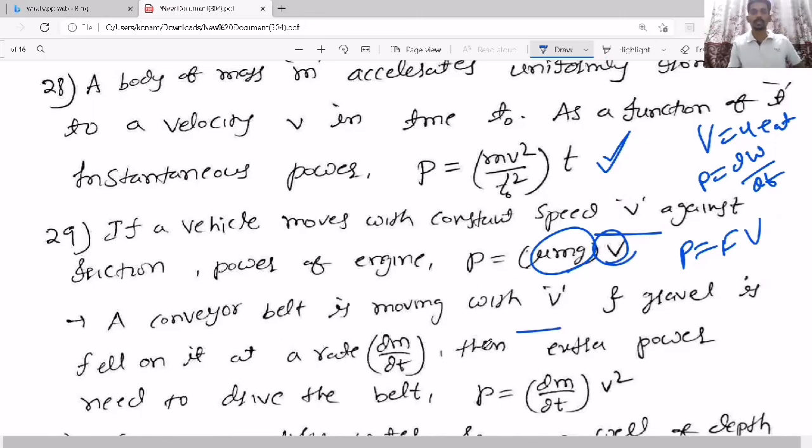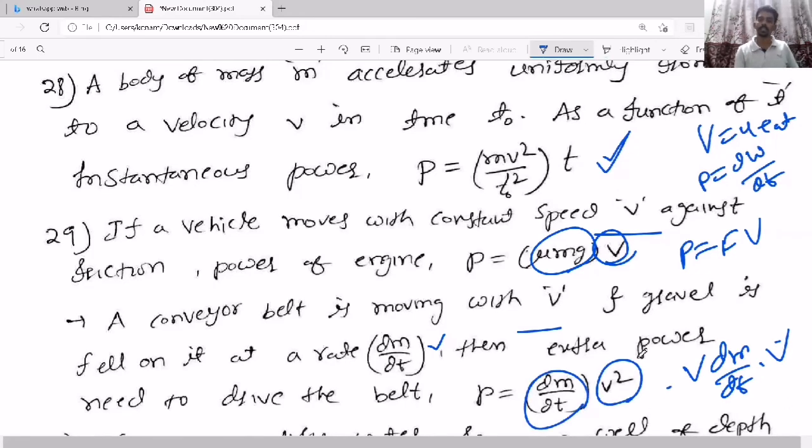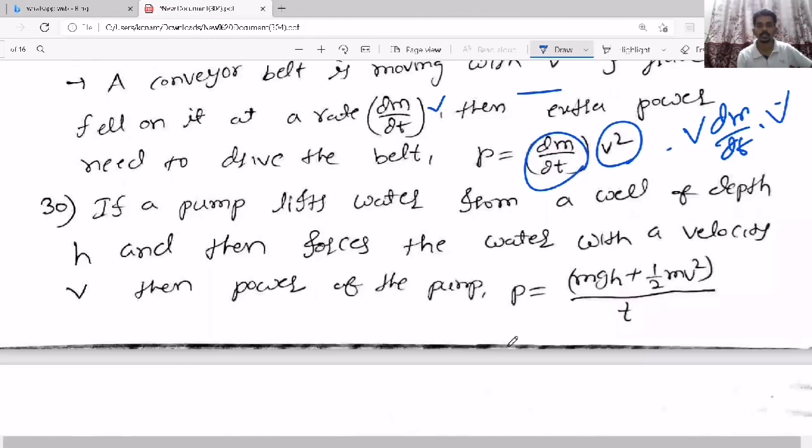Now a conveyor belt is moving with a speed v, and gravel is falling on it at a rate dm by dt. So some force will act. How much force will act? Variable mass means v dm by dt. So the force is v dm by dt, and the power is force into velocity, so v into v, that is v square into dm by dt.